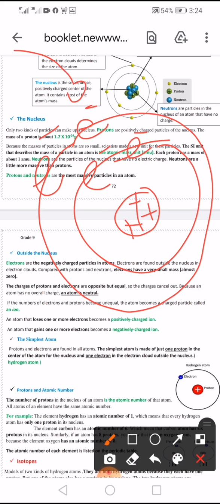So what is this atom called? It becomes a negatively charged ion.